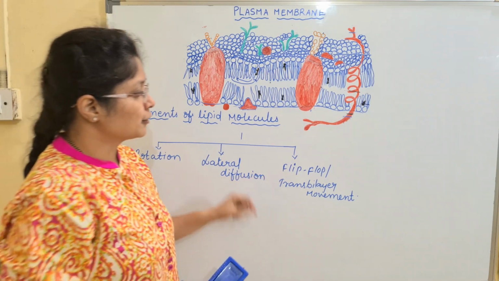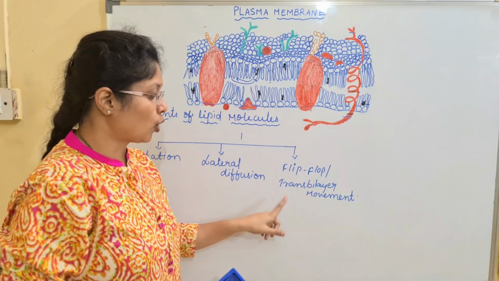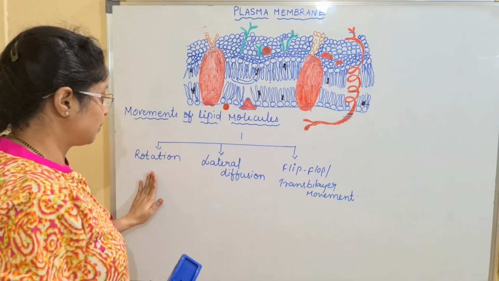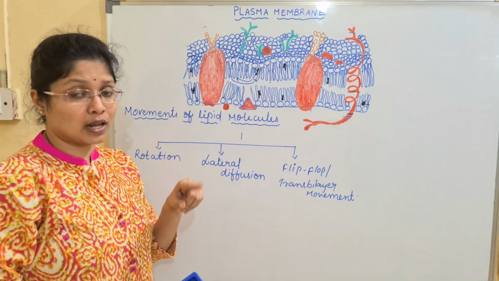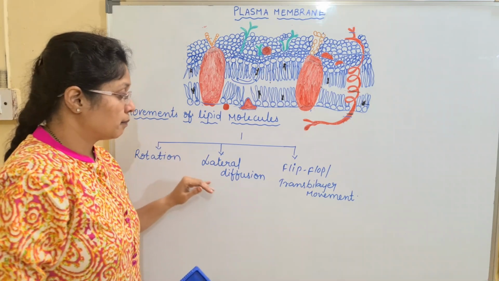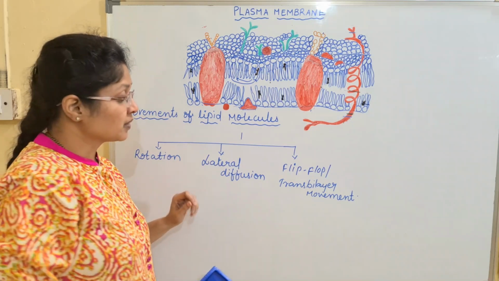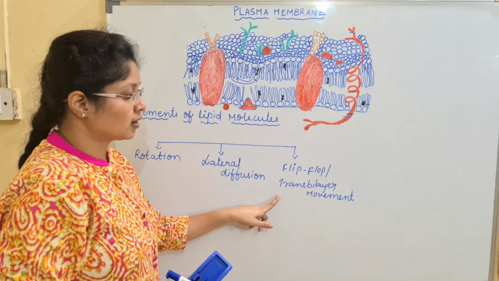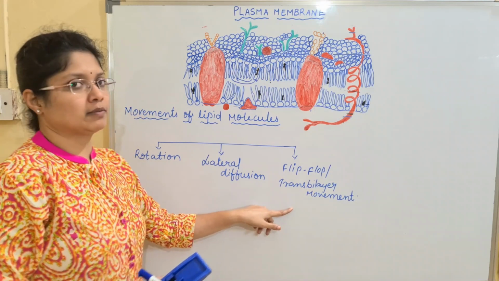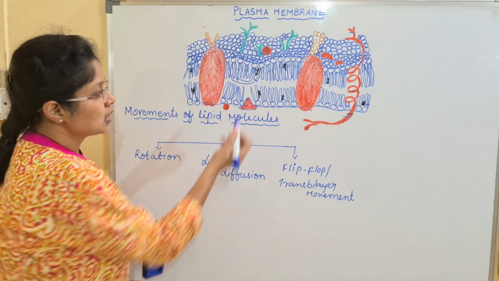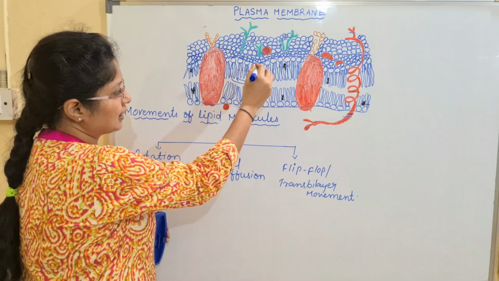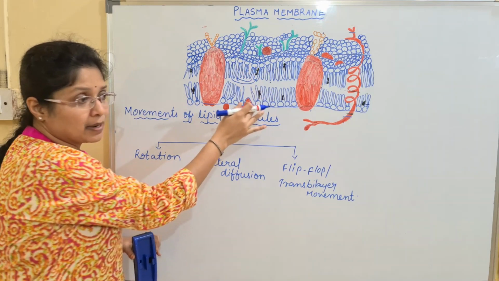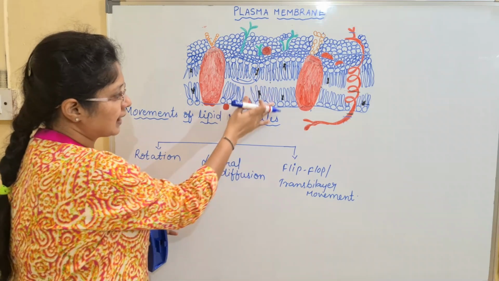And the third one is the flip-flop movement or trans-bilayer movement. According to Singer and Nicolson, they explained only these two movements, and hence it is known as the 2D fluid model. But today we have experimental evidence for the flip-flop movement or trans-bilayer movement. Then what is this flip-flop movement? Flip-flop means one lipid molecule is placed or exchanged with another lipid molecule present on the second leaflet.